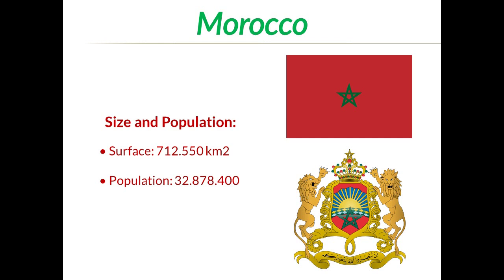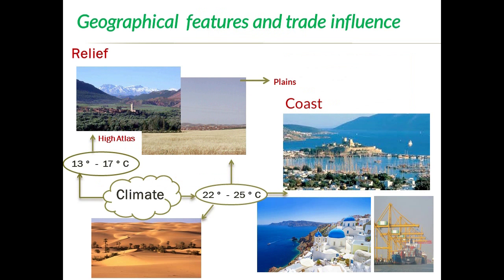Relief. There is a mountainous stretch over the region bordering the Mediterranean from the northwest to the northeast. The Atlas Mountains run down to the bottom of the country from the northwest to the southwest. Climate. The climate is Mediterranean along the coast and continental throughout the year.